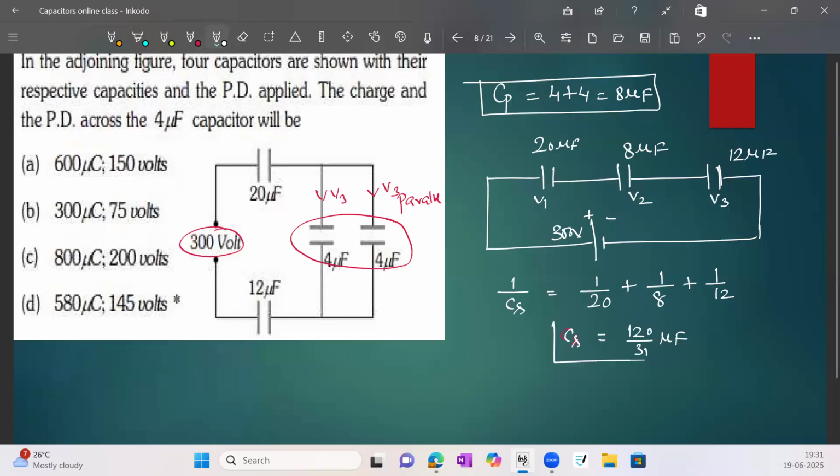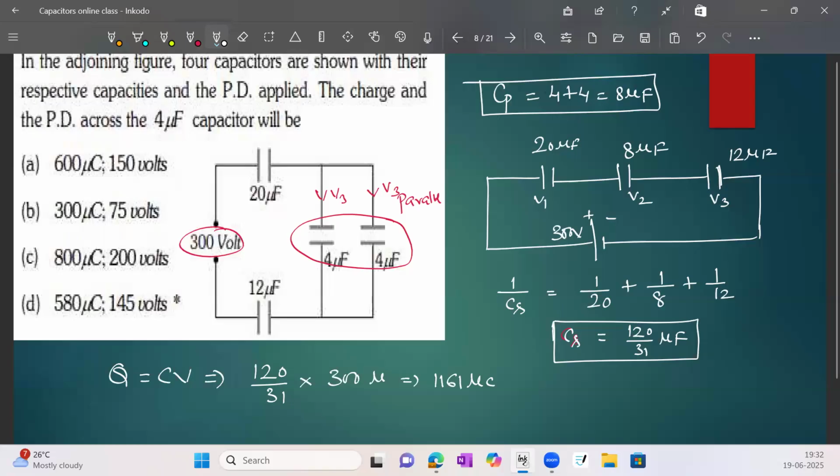Then the charge: Q equals C into V. C is 120 by 31, into V, which they gave as 300. Micro is there, so it becomes 1161 microcoulombs. This is the total charge.